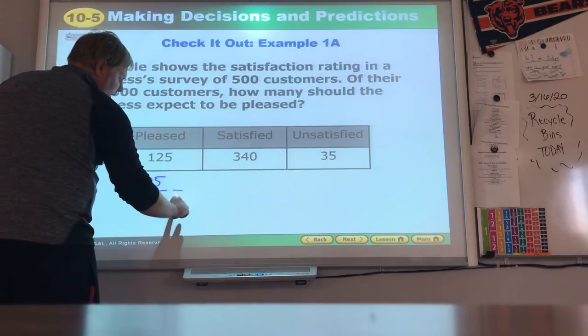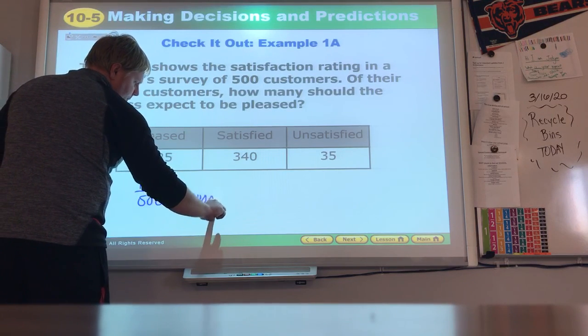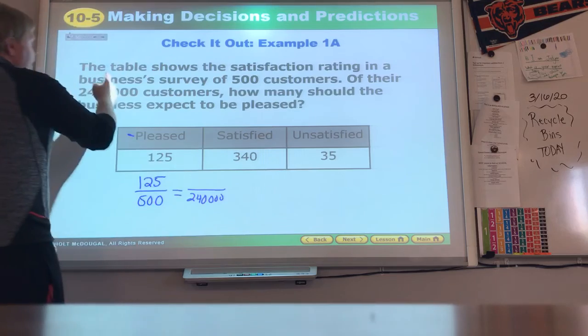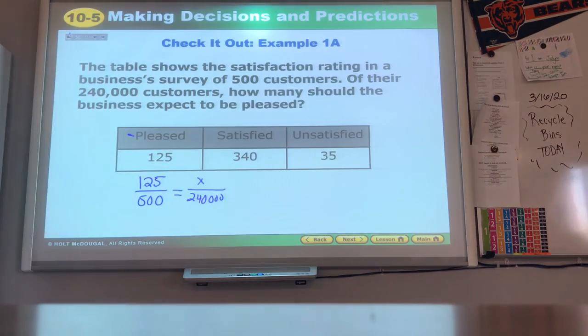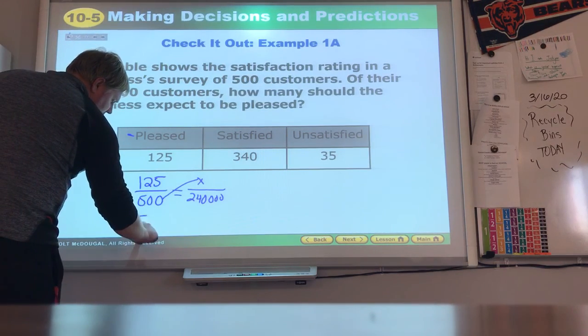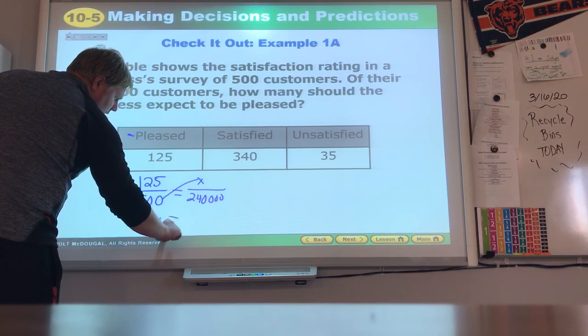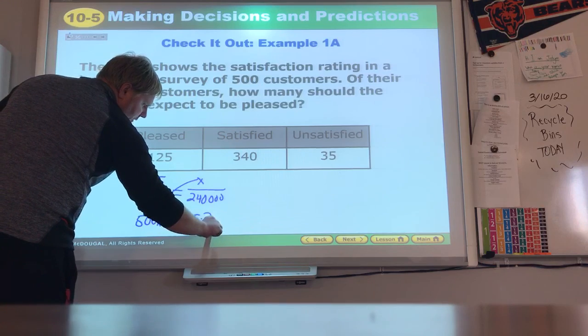Well, how many total customers do they have? 240,000. How many do we plan to be pleased in that whole group? We're not sure right now. So we would do this: 500x, 125 times 240,000.